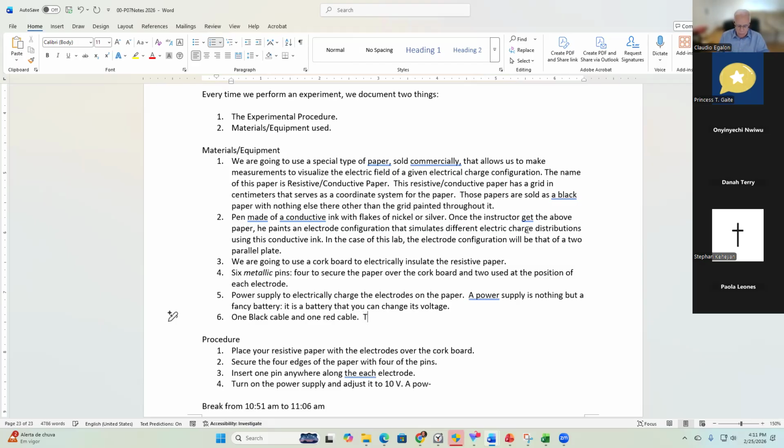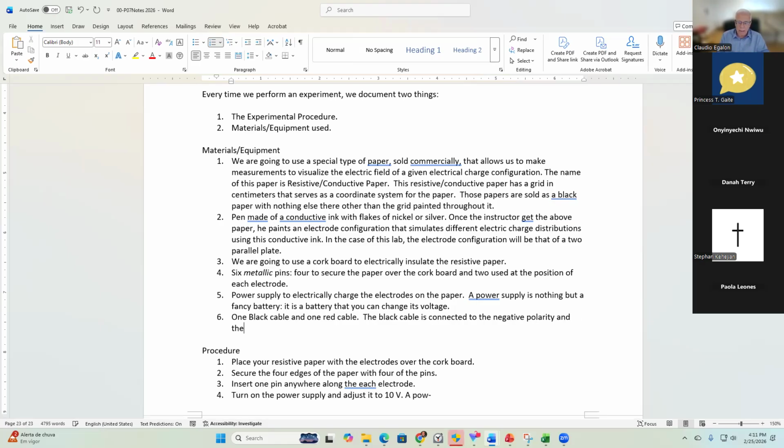The black cable is connected to the negative polarity. And the red one is connected to the positive polarity. So what do we do with those cables? Adjusted, well, 5.